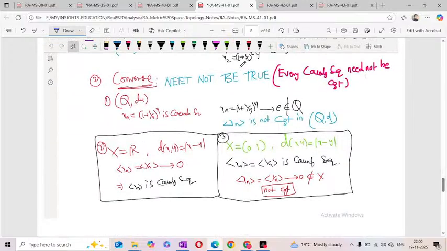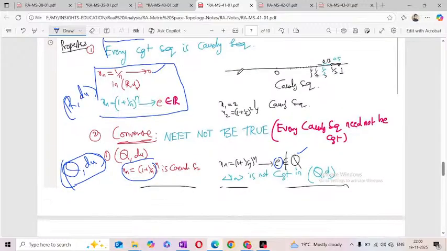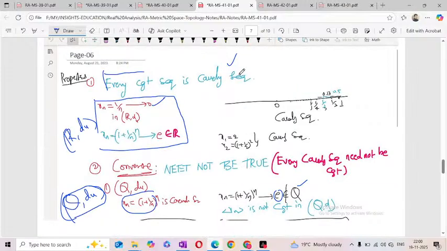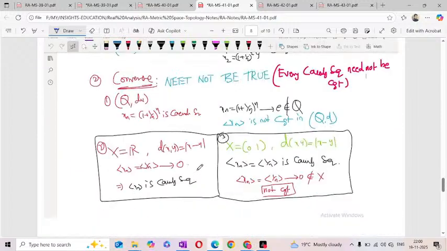The conclusion is: a convergent sequence is definitely Cauchy, but a Cauchy sequence need not be convergent in a metric space. In real analysis, Cauchy implies convergent also works, but in a general metric space it will not work, because here we have different sets. That is the conclusion.